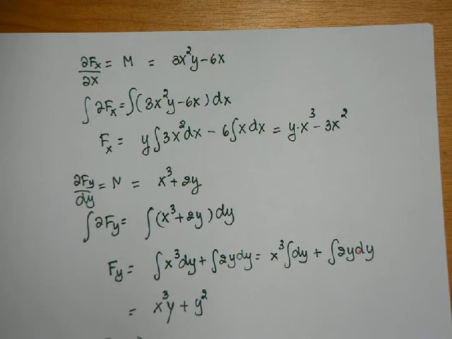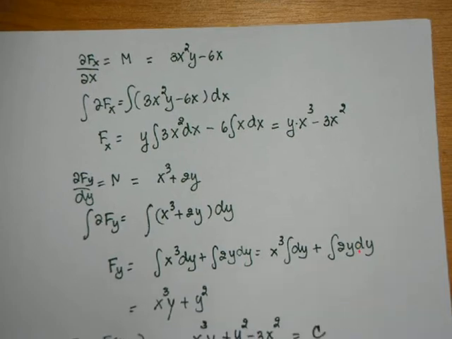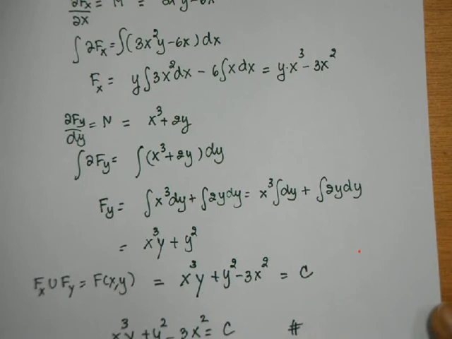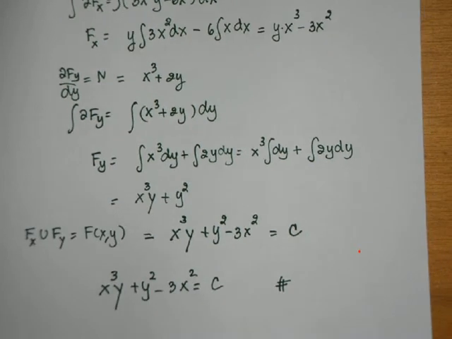So when you do the union, you would get x to the power 3 y plus y squared minus 3x squared. And the answer is equal to C. So the final answer you can write down this way. You do both ways, either way you would end up with the same answer.